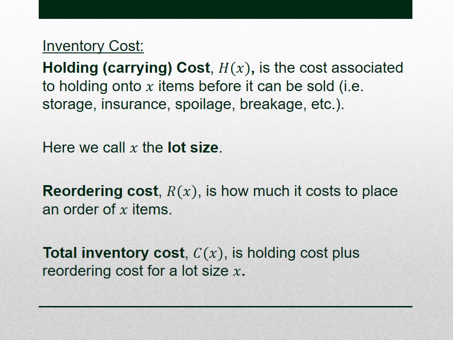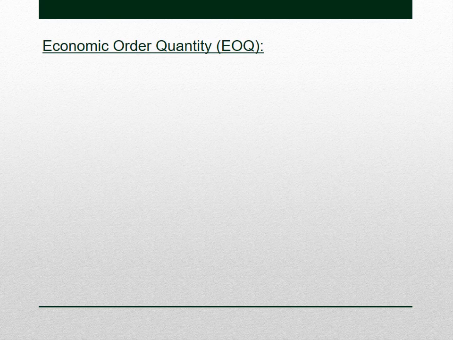Anyway, so why do we care about this? So bear in mind, the whole point of this is that your inventory cost is just C of X, it's your cost. So let's move on to what's called the economic order quantity, right? So remember, we are in this situation of we've got a cost function where it's C of X, and X is our lot size, which is the number of things we're going to keep on hand, X things, right?